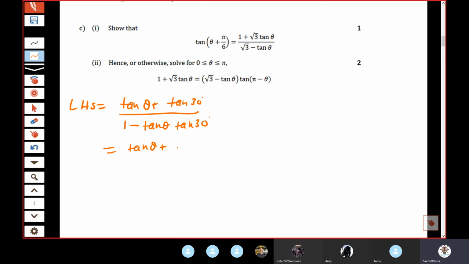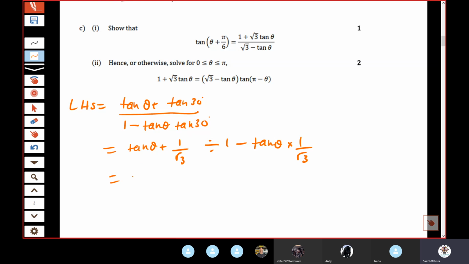And the root 3 cancel out. Tan theta plus 1 on root 3, divide 1 minus tan times 1 on root 3. See what I meant by, that's why you don't go over your work. When you go over your work, you're like, yeah, it looks right. And it does. It looks right to me as well.